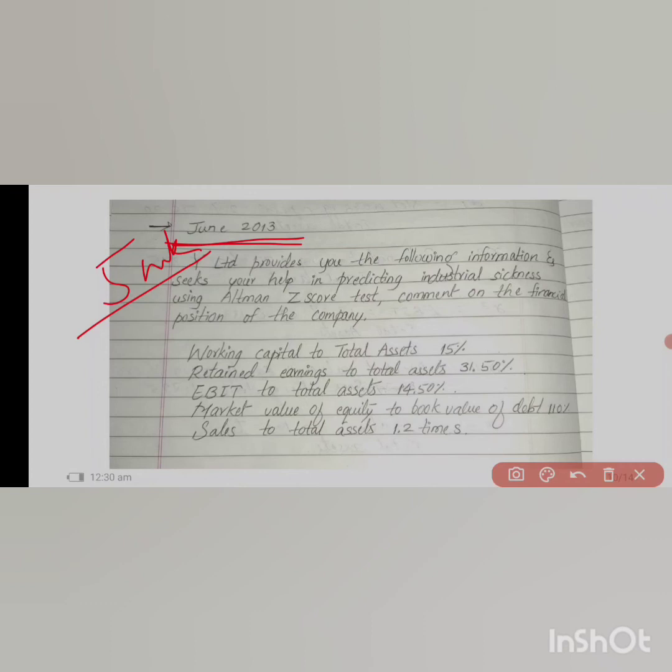So working capital to total asset 15% they have given, which means 0.15, right? How do we have to calculate this? 15 divided by 100, you will get this value. Okay, next, retained earnings to total asset 31.50, EBIT to total asset 14.50%, market value of equity to book value of total debt 110%, sales to total asset 1.2 times.